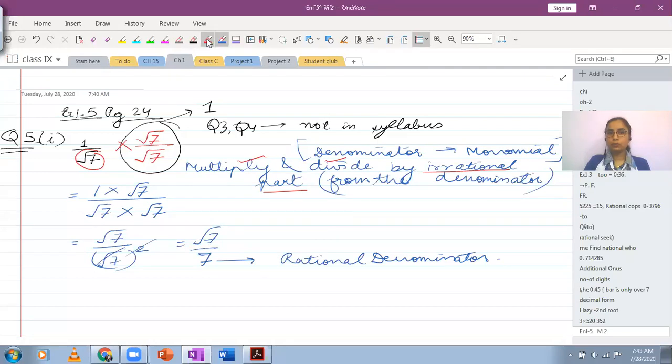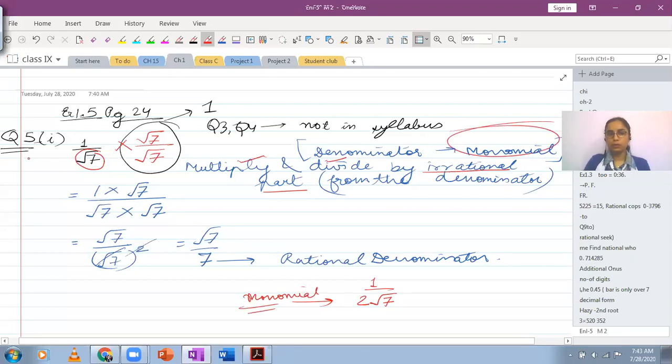Parallel to this, I would like you to consider if you had this in the denominator. Now again, I have a monomial. So I'm only discussing right now the monomial case. In question number 1, you were given 1 by root 7. You had a monomial in the denominator. This part over here, 1 over 2 root 7, I still have a monomial in the denominator.